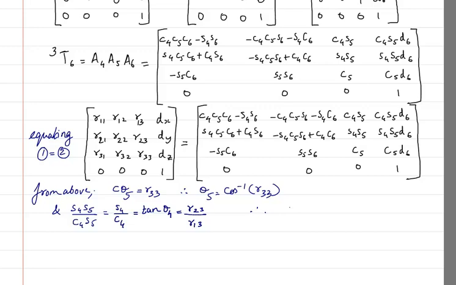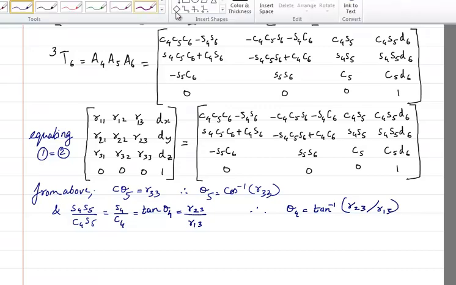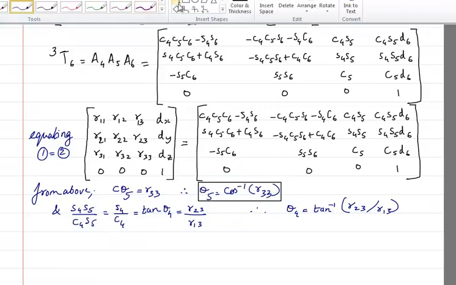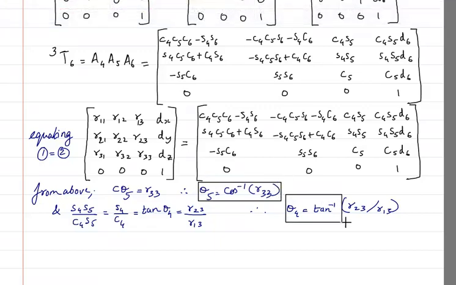Therefore, I can directly write that theta 4 will be equal to tan inverse of r23 divided by r13. So we have done both theta 5 and theta 4. Let me put both of them in a box. Now what is left is theta 6.